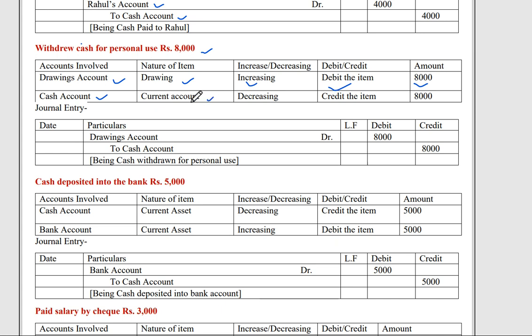Cash is a current asset, which is a form of asset. So here, as we are drawing the money from the business for personal use, drawings are increasing. Also the cash of the business is decreasing.